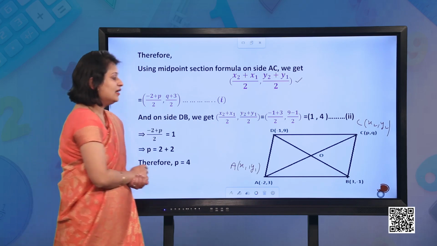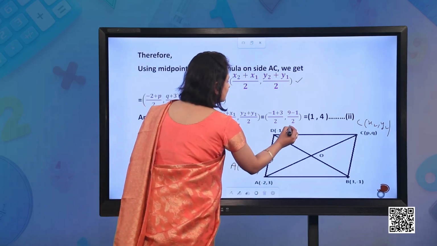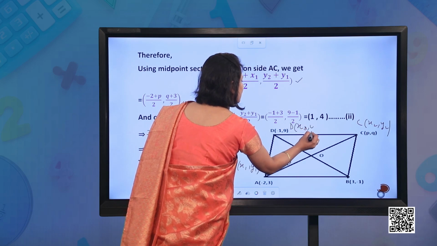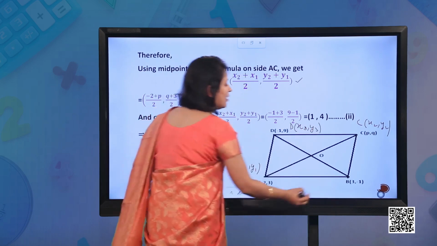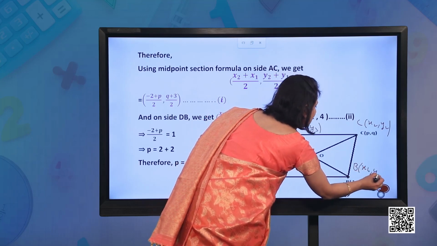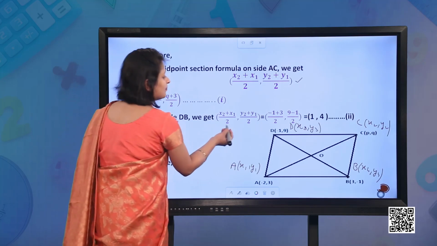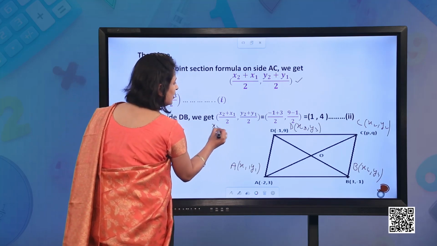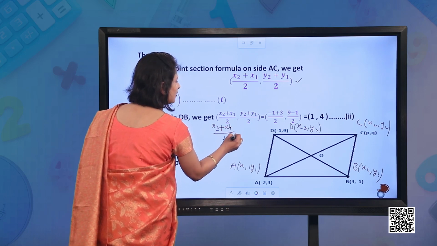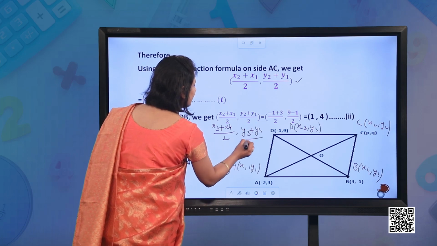Now on the side DB, again consider this as x3, y3, and this as x4, y4. You can write this as (x3 plus x4) divided by 2 and (y3 plus y4) divided by 2.